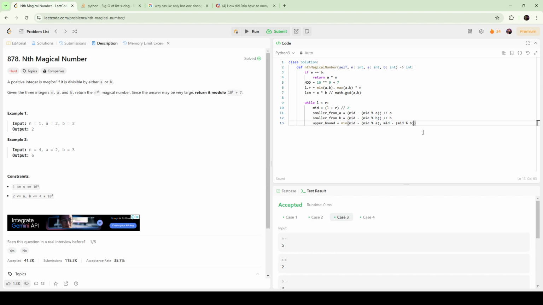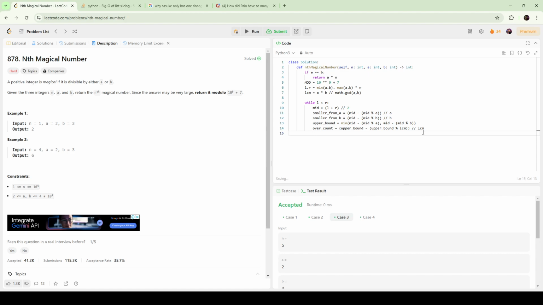Okay, so overcount will be equal to basically the upper bound minus the same thing as above, and then divided by LCM, right?